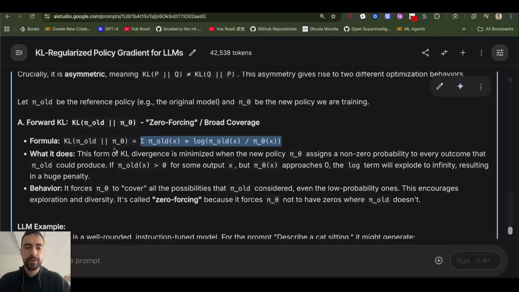So we want to make sure that every class or label or token that has some probability in the old also has some probability in the new. That's what forward divergence does.